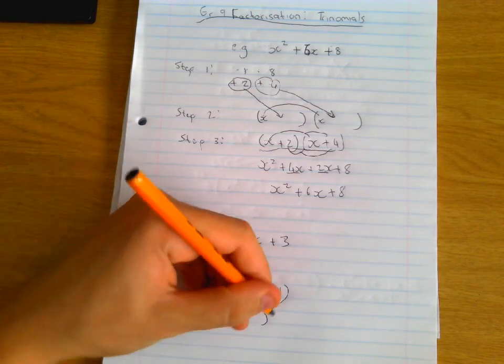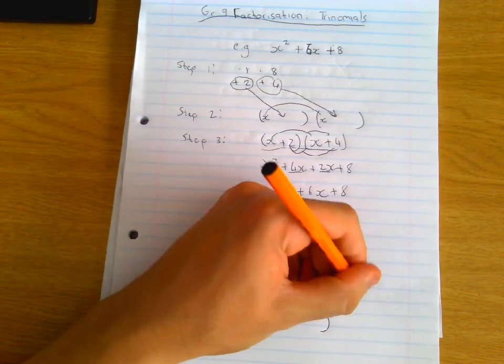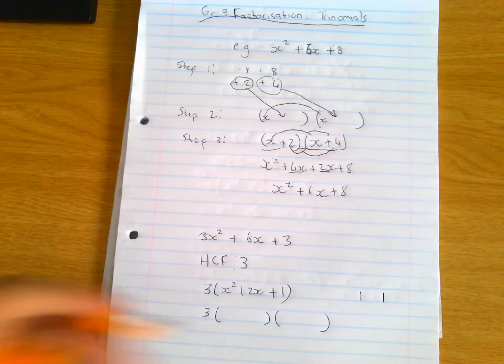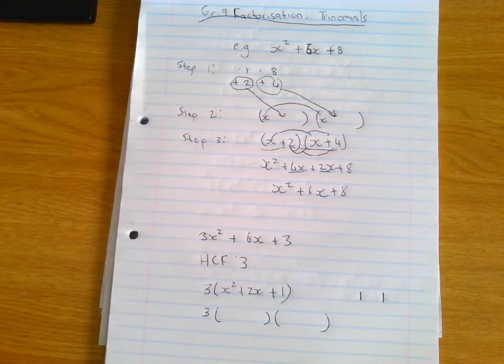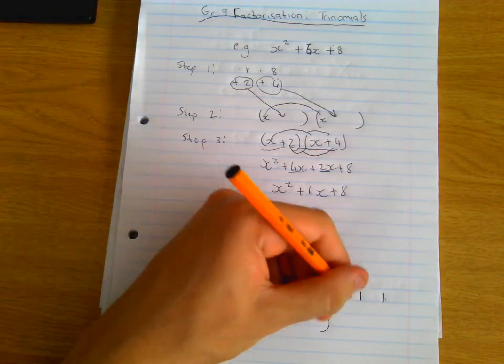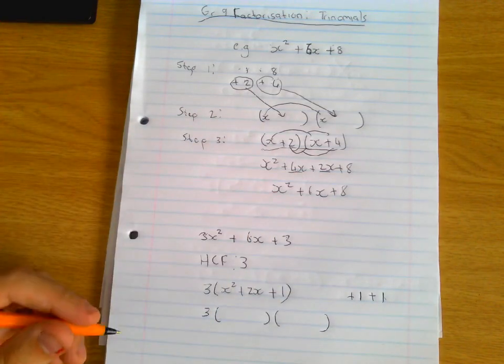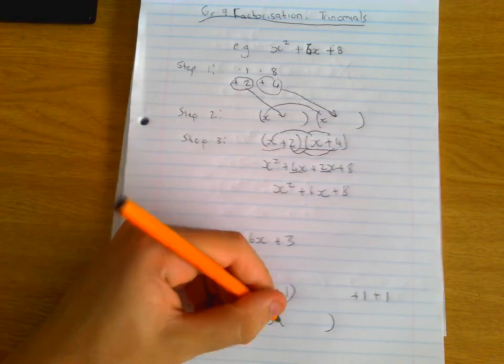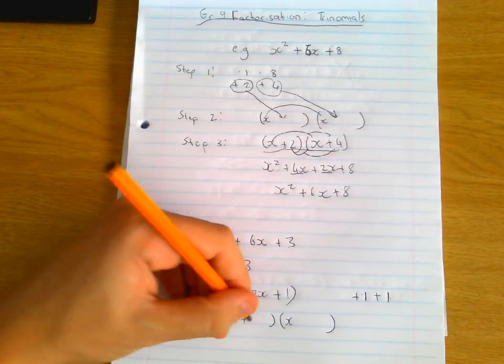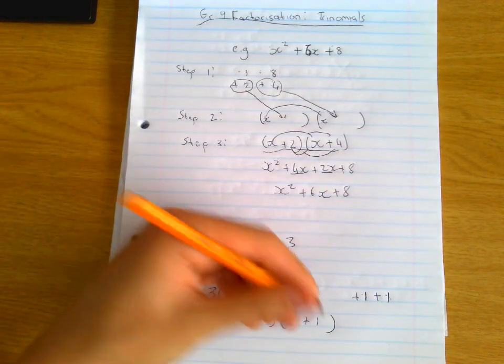I'm going to take my two brackets, and the factor pairs of 1, it's only 1 and 1, because 1 times 1 gives you 1. And then in order to get 2, I need to say plus 1, plus 1. Okay, so I put the x in front of the brackets. The 1 will go there, the other 1 will go there.